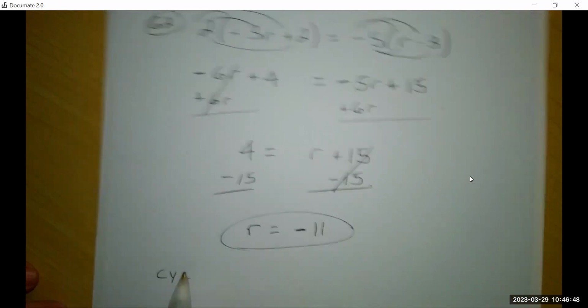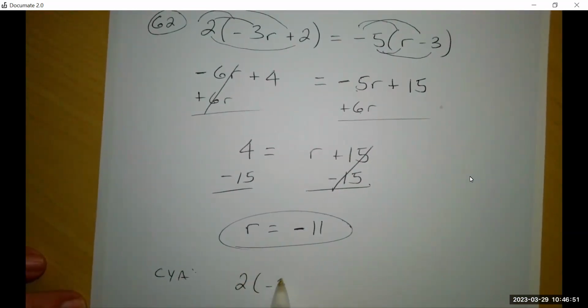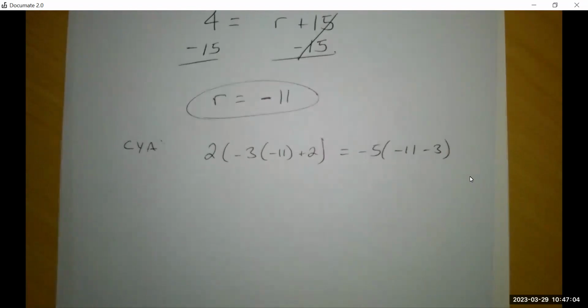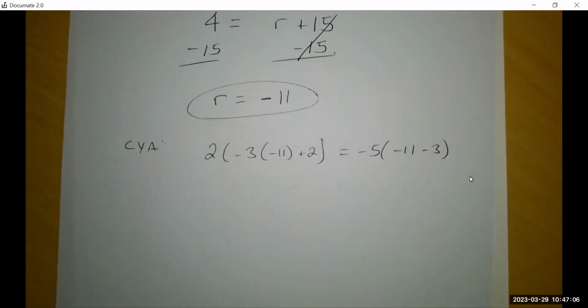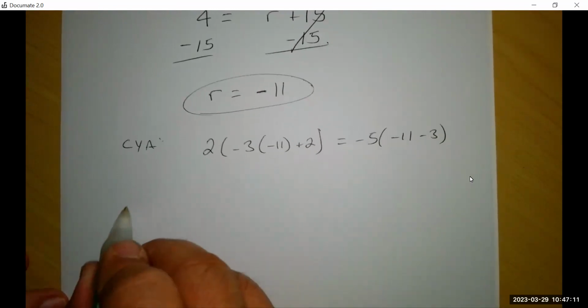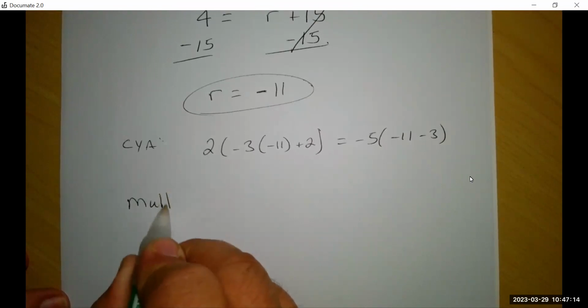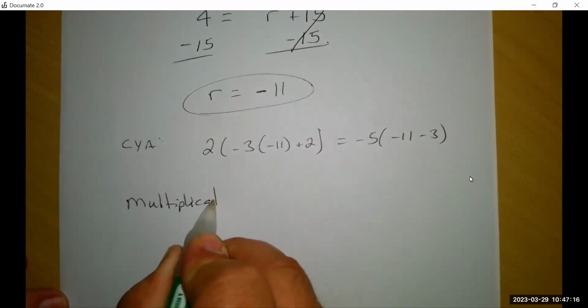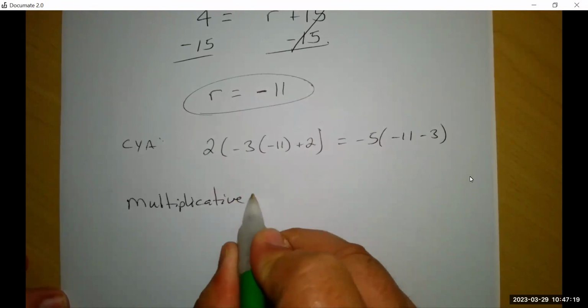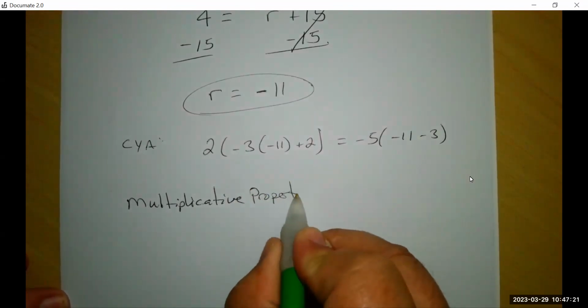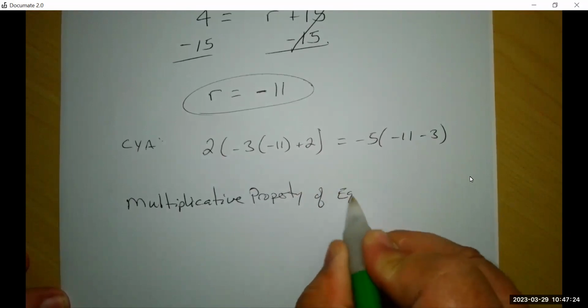And you would do the CYA. And it would work. What we've done also during these examples, we've talked about the multiplicative property of equality.